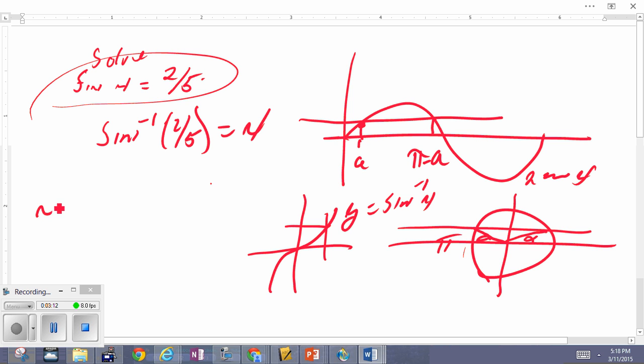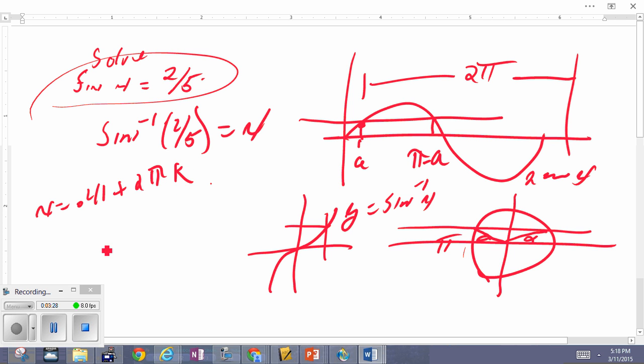So we get x is equal to 0.41, with all subsequent 2 pi hits down the line. And then, of course, we get the other strikes at this value of x, pi minus 0.41, and again all subsequent hits down the line.